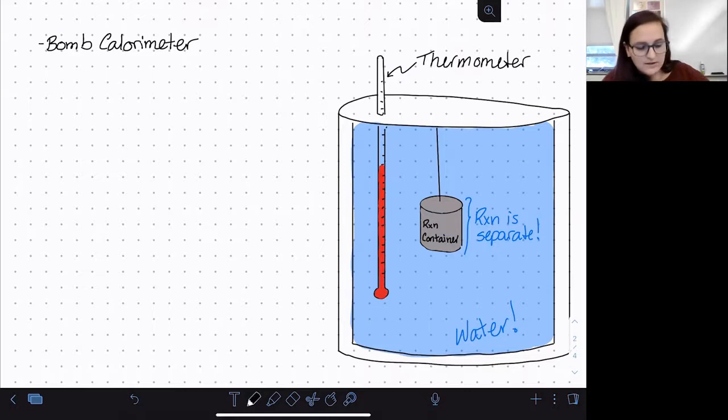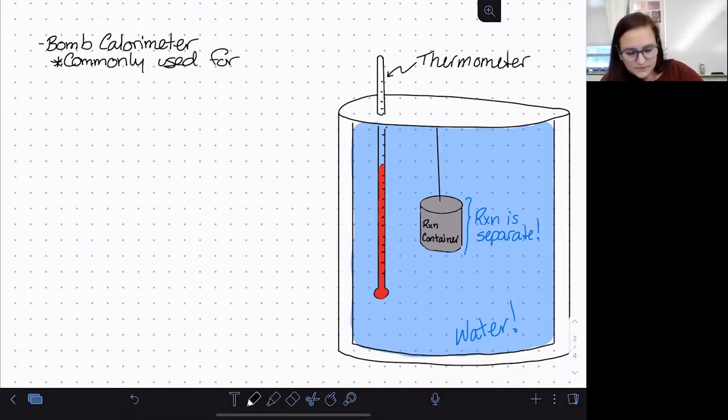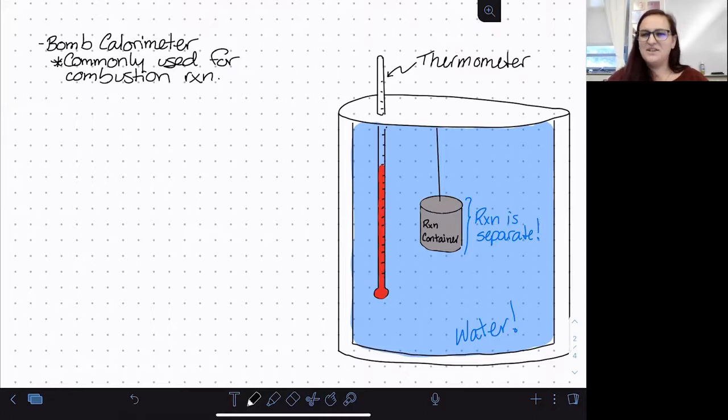So this is most commonly used for combustion reactions and other things that give off a lot of heat, and just generally things that can't be done in solution, can't be done in a homogeneous capacity.